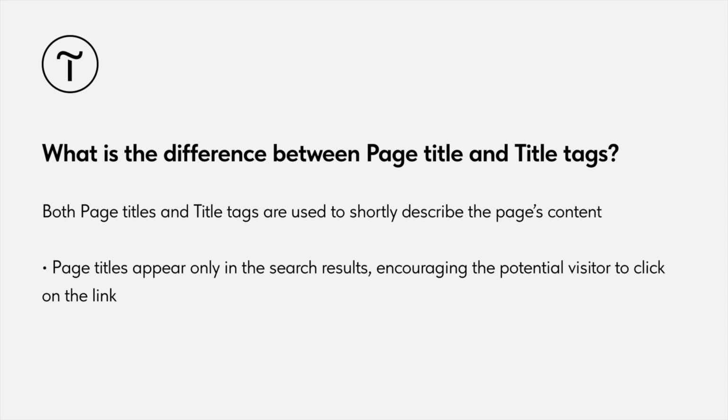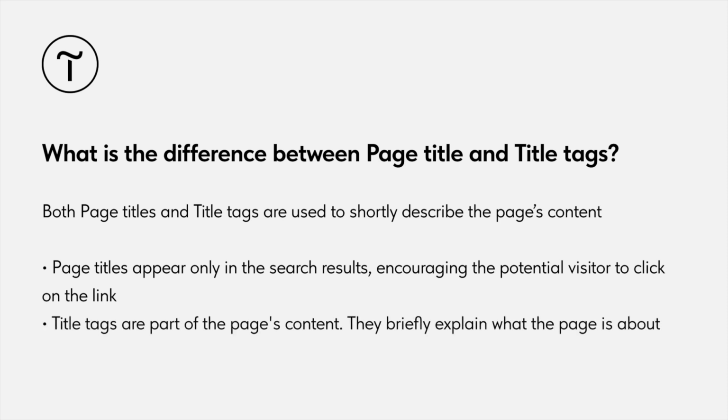Therefore, the title should be compelling enough, possibly even include a strong call to action. Again, page titles are only visible on search results and not on the web pages. H1 tags, along with other title tags, are displayed directly on web pages and are part of the actual content. They should be clear and informative.